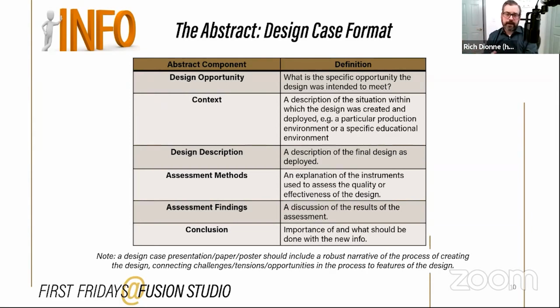So for example, you have an elevator again, and you have in stock a 5-horse motor and a drive controller from a particular manufacturer. That's going to drive the design in a particular way because you're going to use that instead of building something new. So that is the very quick overview of the design case format for abstracts.